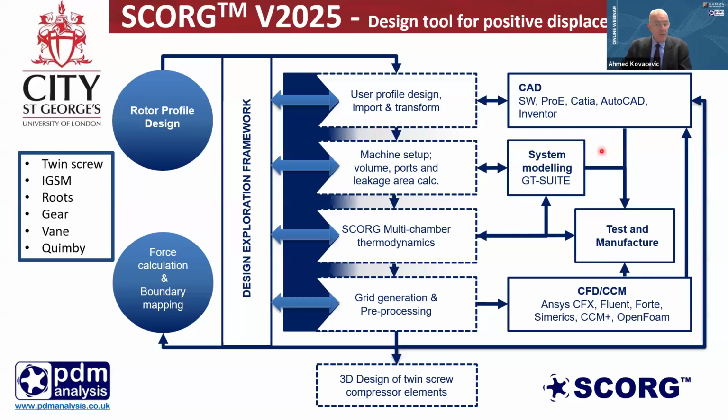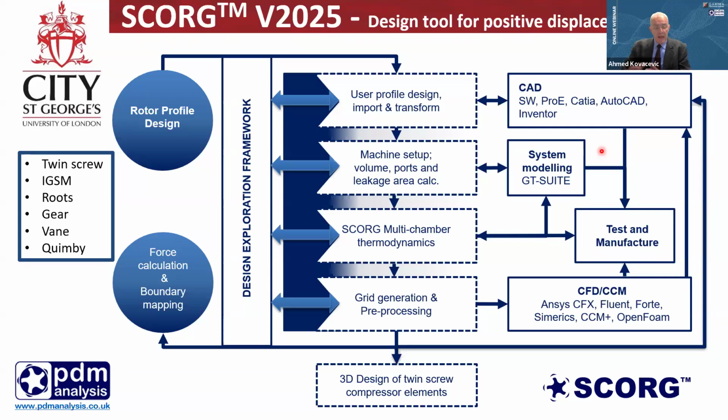And we had that implementation before, as I will show in one of the next slides. But this also allows 3D grid generation in SCORG and interaction with any or most of existing CFD solvers.